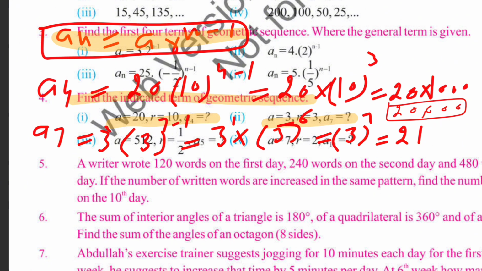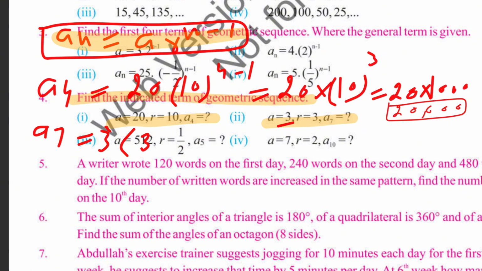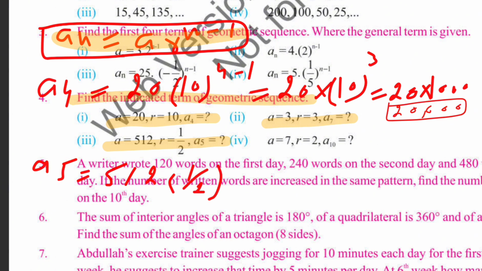Okay, now next term we write here. A5, now A5 is equal to a, given here as 512, and r is 1 over 2, and we have 5 minus 1, and simplifying more, here is 512 and 1 over 2, here 5 minus 1 is 4.